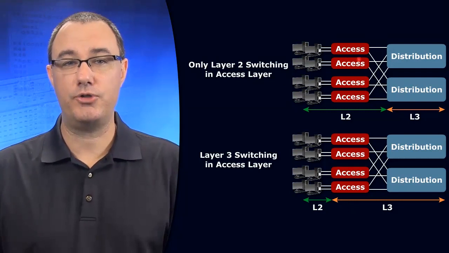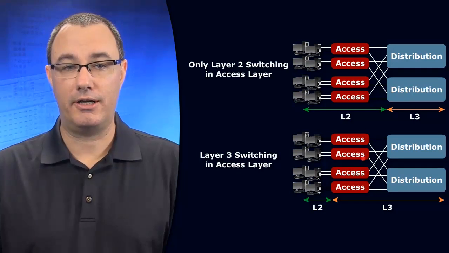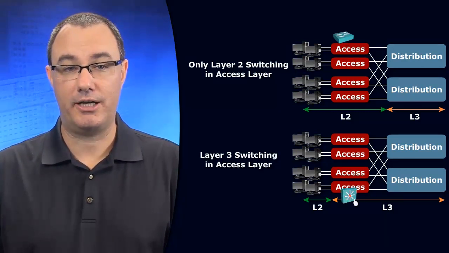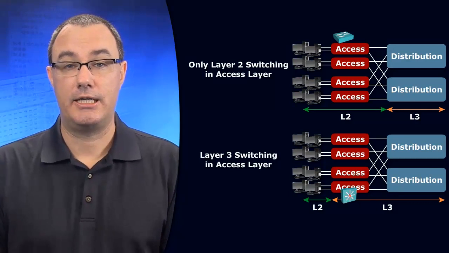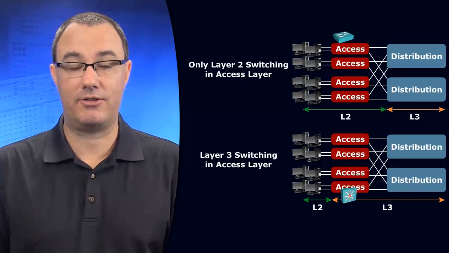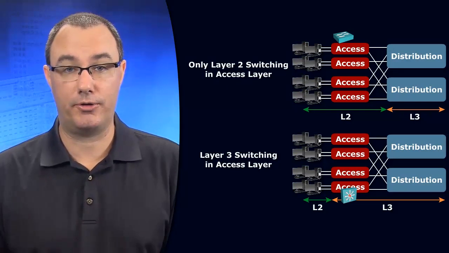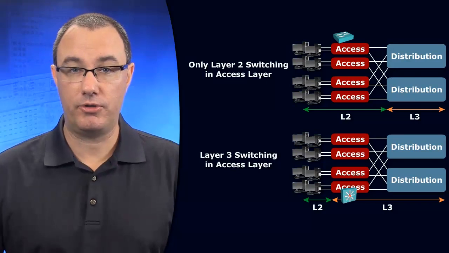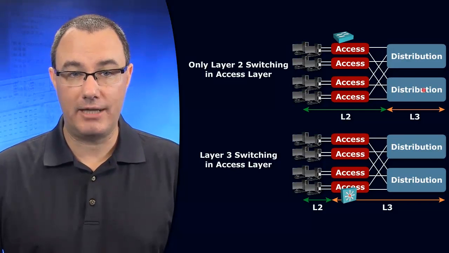We've got a layer 2 access layer and a layer 3 access layer. So make no mistake about it, we're talking layer 2 devices up top and multi-layer switches terminating the VLANs that exist at the access layer, right at that perimeter device. This is a big deal. Notice the difference here in the length of these arrows.